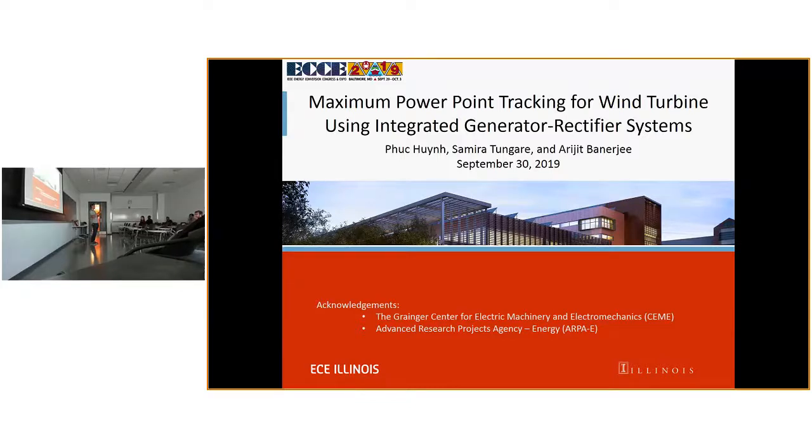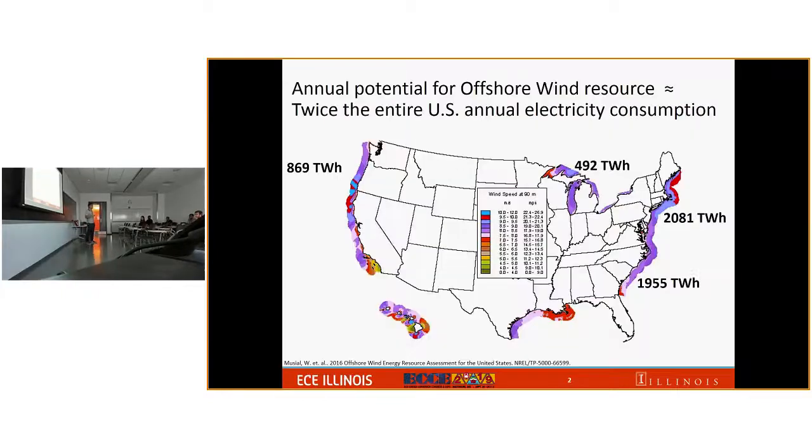The application we are looking at now is offshore wind turbines. First, let me motivate why we're looking into offshore wind. Moving forward to the future, we want a carbon neutral economy, and going to renewable resources is the way to go.